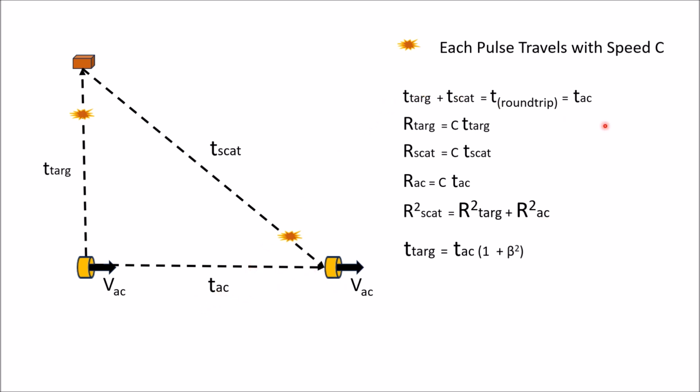When you take a look at the round trip times and the distances, and because the speed of light is constant on each of these paths, this is the only speed that is less than the speed of light, you can come up with a variety of calculations. For instance, the time for a pulse to get to the target is given by this expression relative to the aircraft's time of motion between the pulse going out and the pulse being received back, and you wind up with this kind of a characteristic where beta is again the velocity of the aircraft over c, the speed of light.